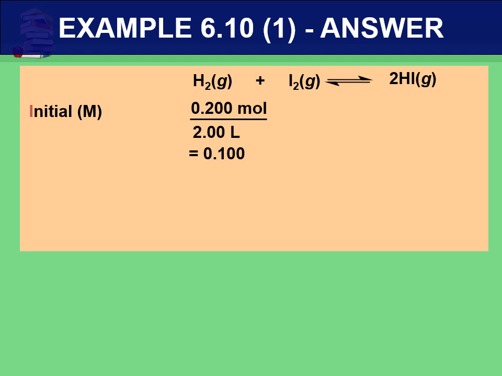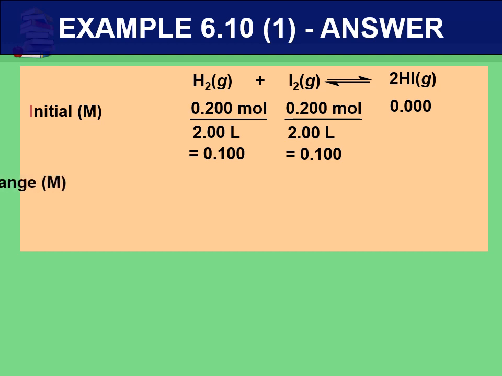For hydrogen gas, it's 0.2 over 2. We get 0.1 molar. And for iodine gas, it's also the same, 0.1 molar. At the beginning here, there is no product formed, so we put 0 on the column for product, HI.